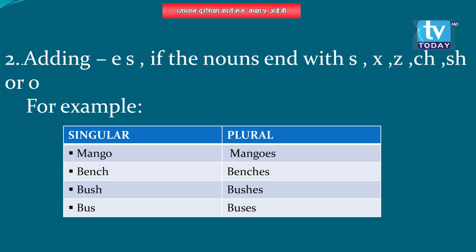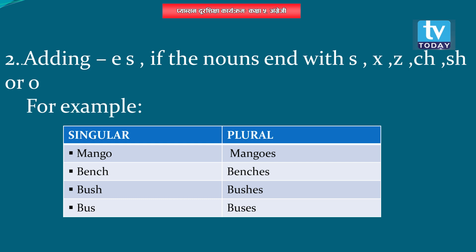There are lots of examples around us where we can get particular instances for connection with this second rule. If you go to the word bush, B-U-S-H, bush, that can be changed into bushes. If we get the example church, churches, ES should be added.